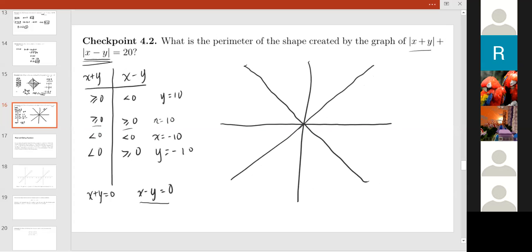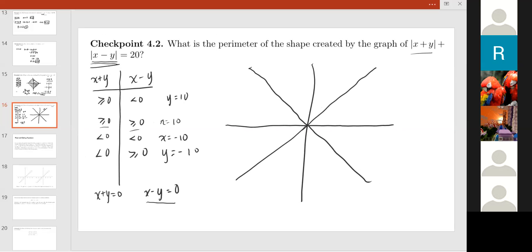So in the first case, we have x plus y is greater than 0. So that would be this region. And x minus y is less than 0. So that would be this region. So in this region, y is equal to 10.